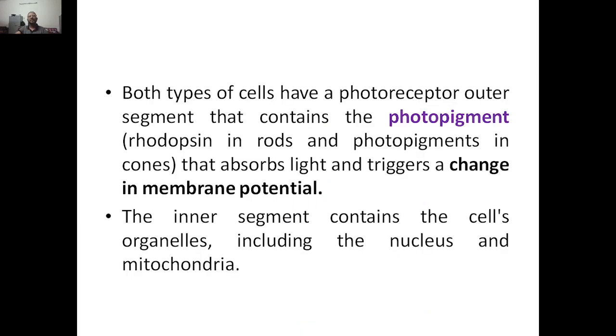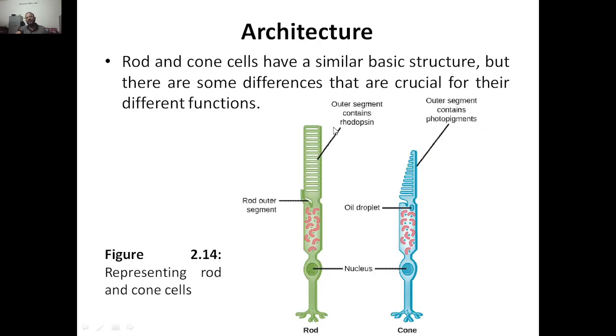Both types of cells have a photoreceptor outer segment that contains photopigment, that is rhodopsin in rods, and photopigments in cones, that absorb the light and trigger a change in membrane potential. So what they are explaining is that both structures have a particular protein or pigment.